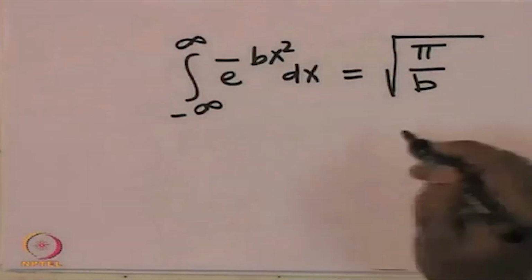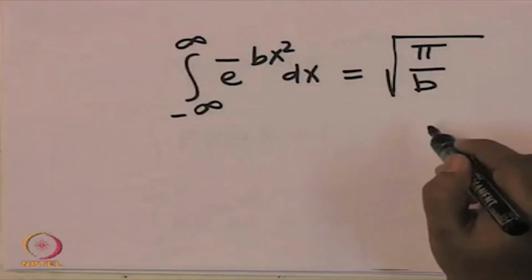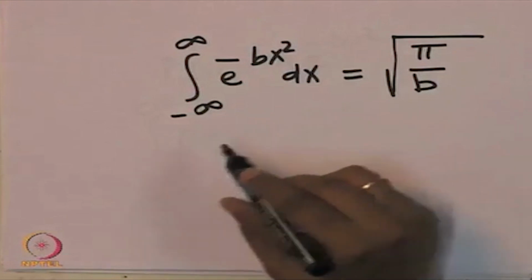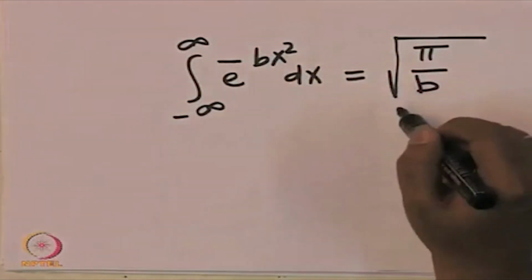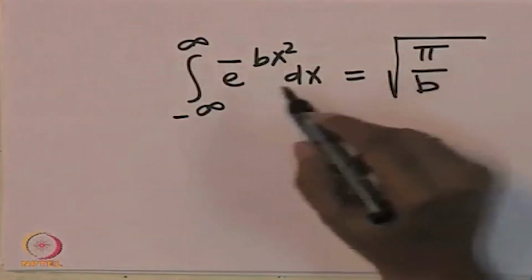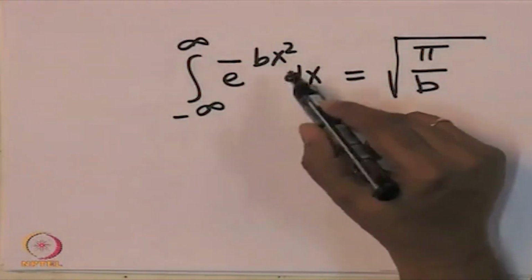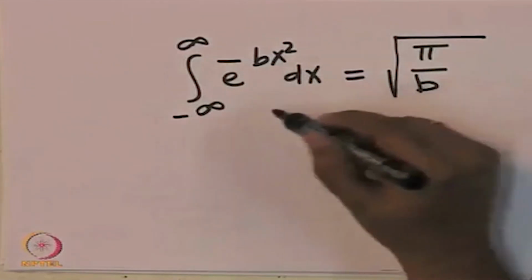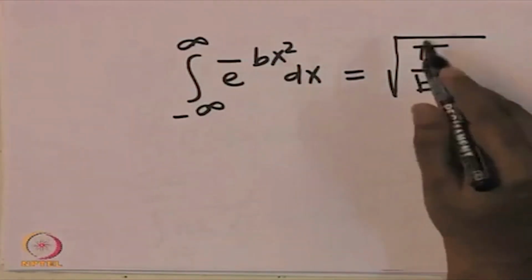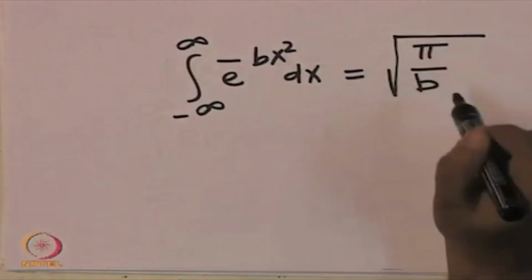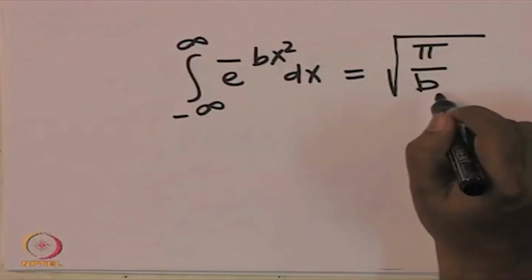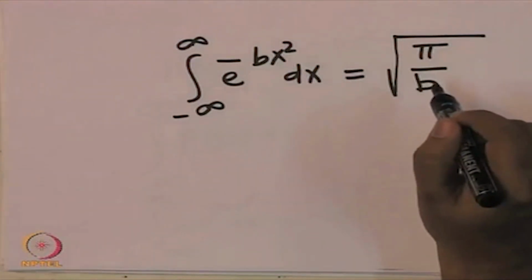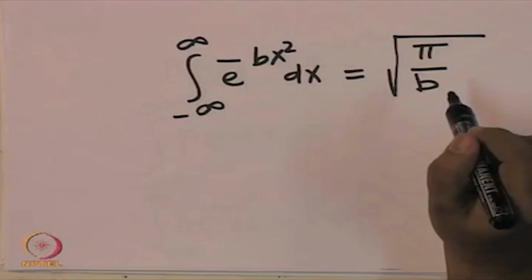Later we will discuss how we do this integral, but for the moment just understand that the answer of this integral is root of pi by b. If you have a function e power minus b x square and you integrate from minus infinity to infinity, the answer is root of pi by b. We will show this is indeed the answer, but for the moment just take my word.